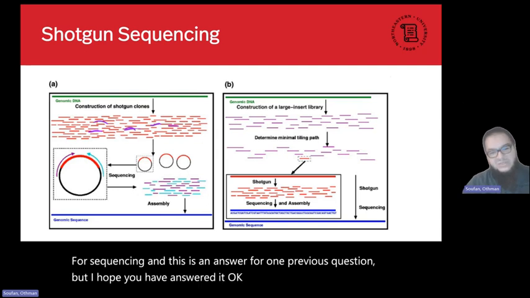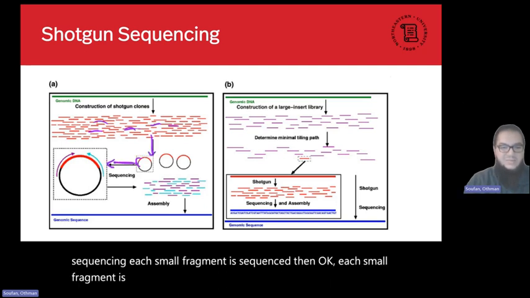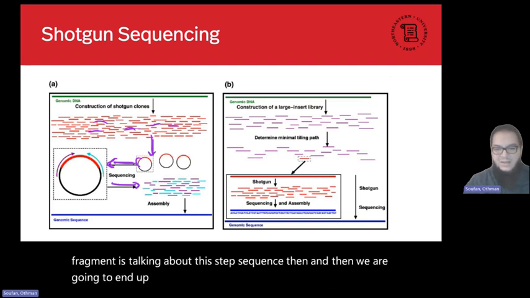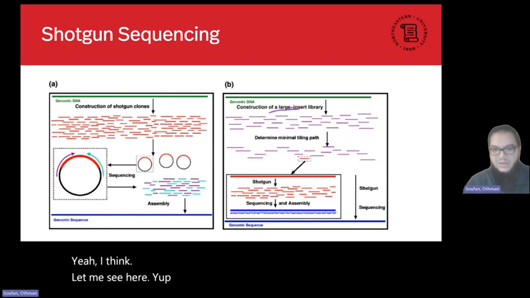And then we go to sequencing. Each small fragment is sequenced, and then we are going to end up with assembly. Okay, so we are constructing a large insert library from the genomic DNA.